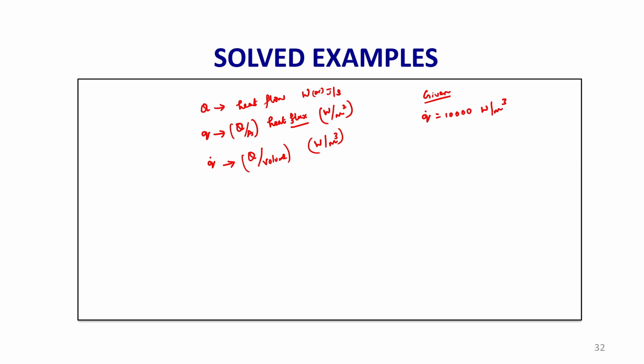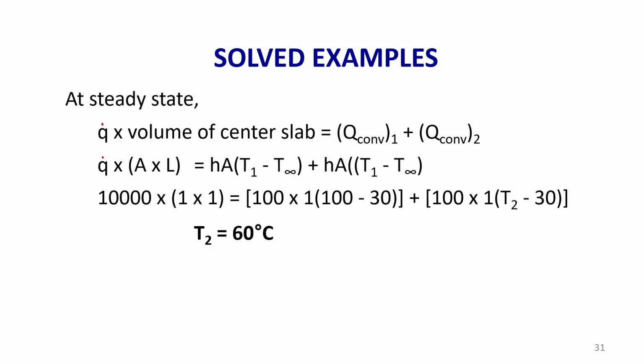So, at steady state, internal heat generation multiplied by the volume is equal to Q convection, let me write it clearly, Q convection slab 1 plus Q convection slab 2. So, this is the concept.